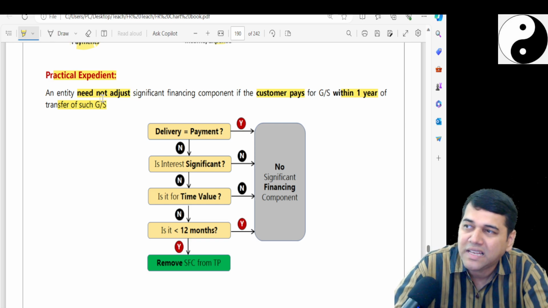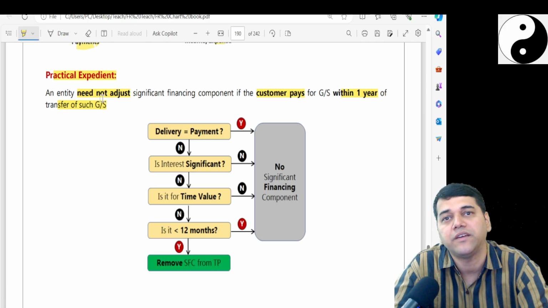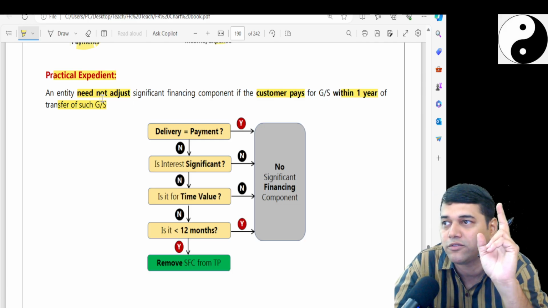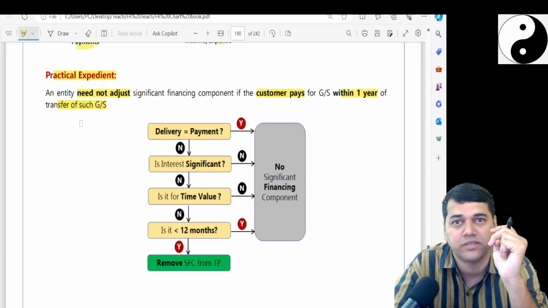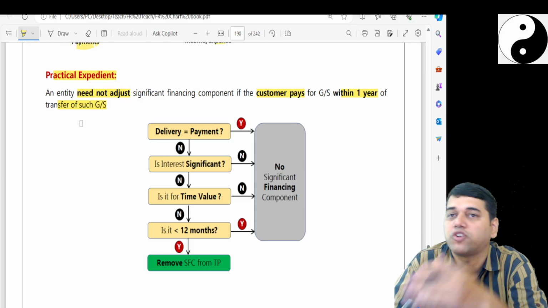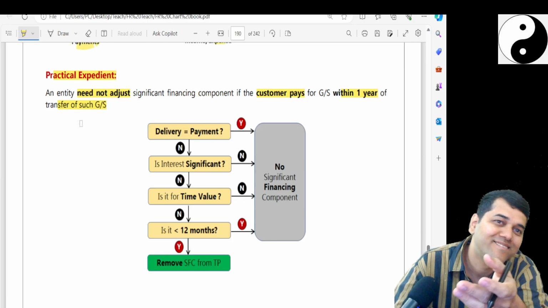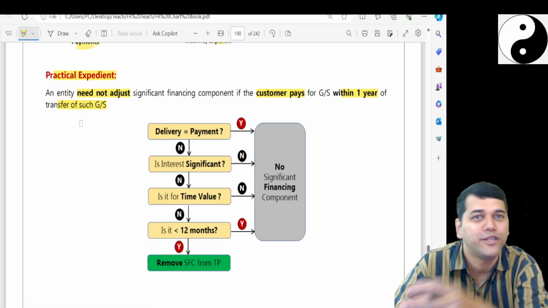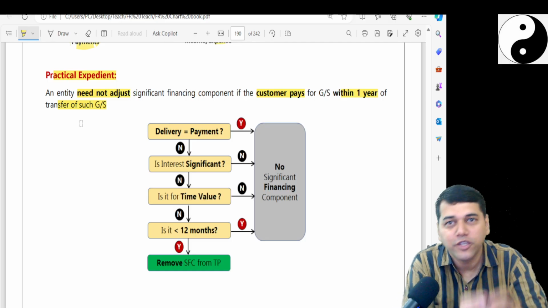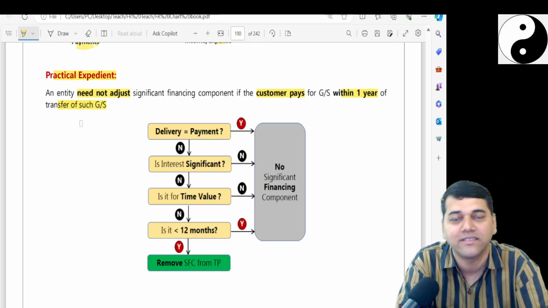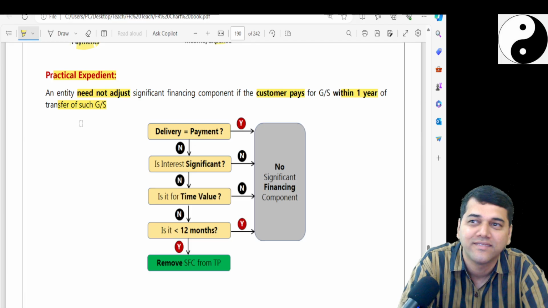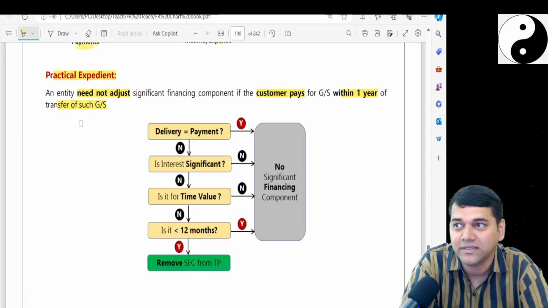If something is payable in less than 1 year, this type of practical expedient we see somewhere else also. In lease, we have seen that there are two exemptions given. One is for short-term lease. You need not apply lease accounting. You need not check whether it contains a lease. What is the other exemption? It's not a practical expedient. It is an exemption.